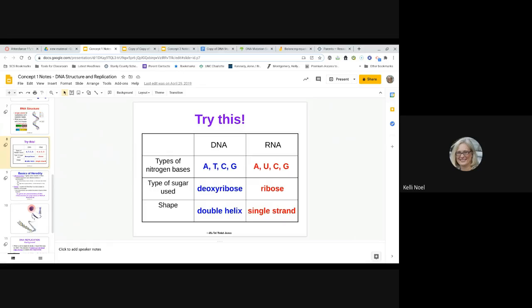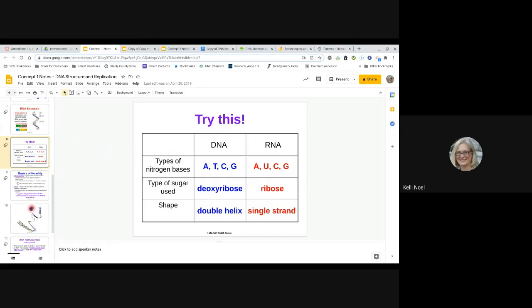It's a pentose sugar, but the name of it is deoxyribose. And then it has bases. Look at the bases. A, T, C, and G.